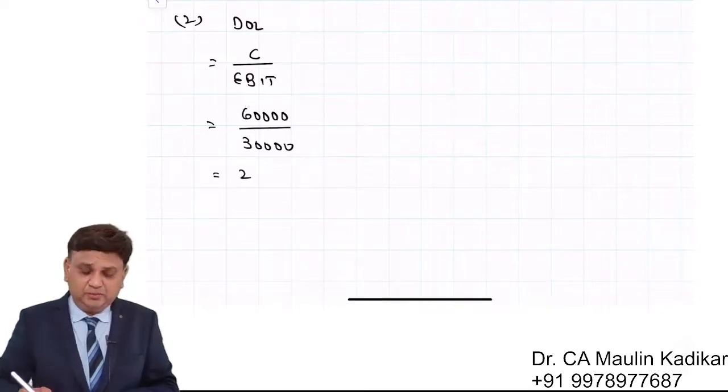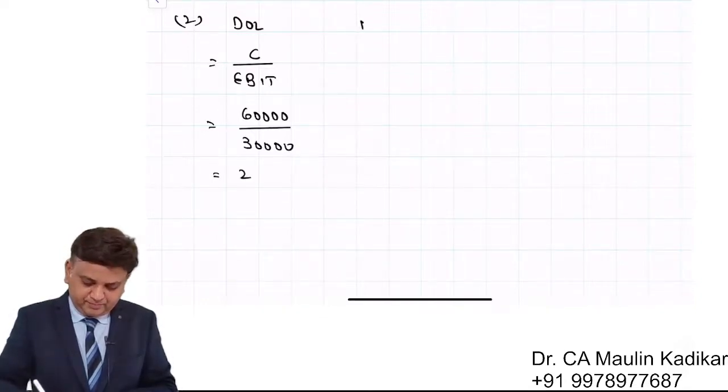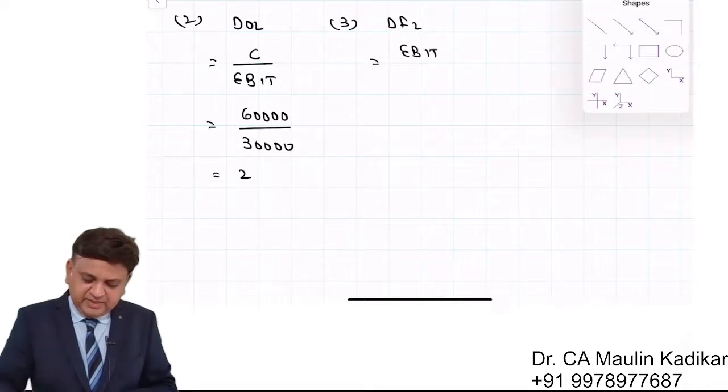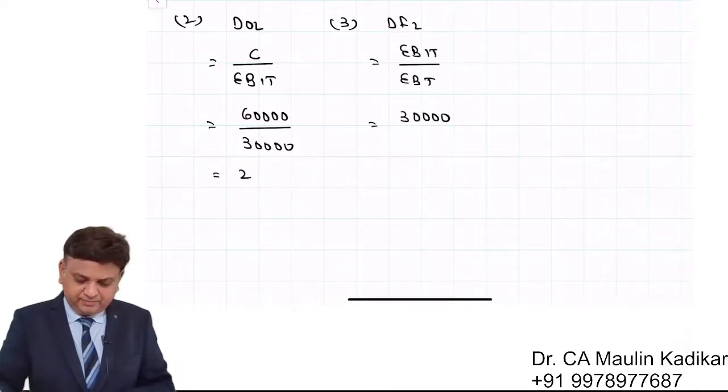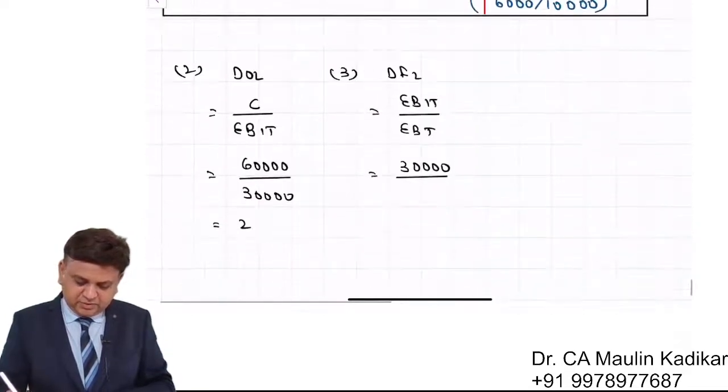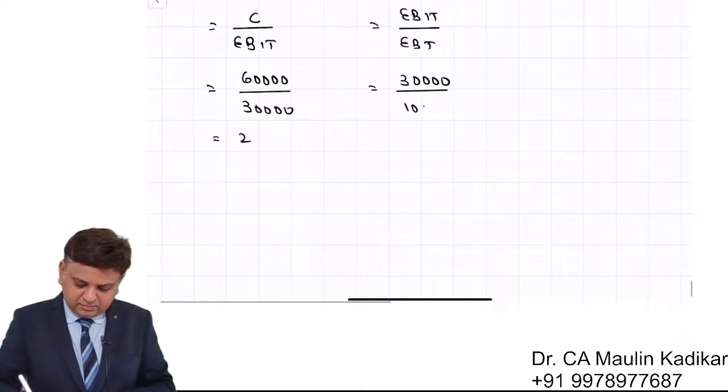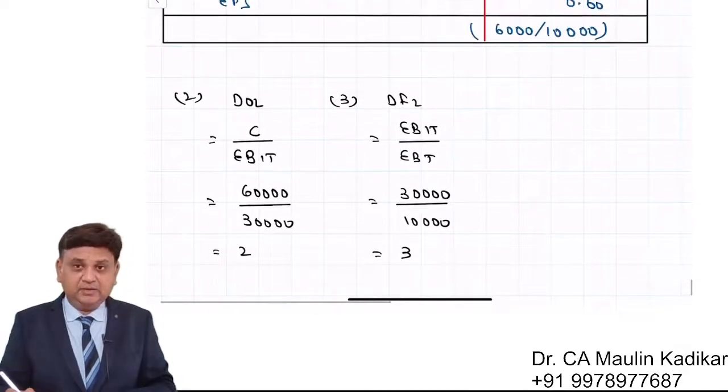So the answer is 2. Question number 3, DFL. It is EBIT upon EBT. So it is 30,000 divided by 10,000. So the answer is 3.